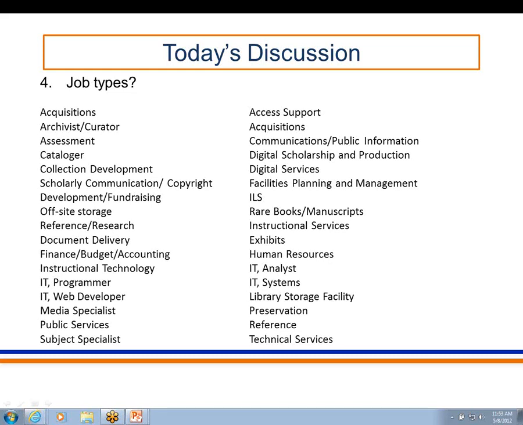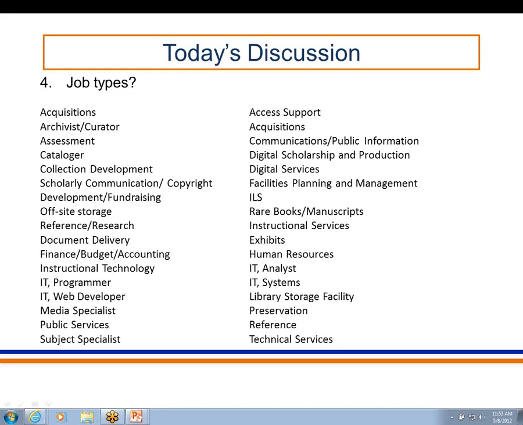But I think I could put them into subject specialists because that's mostly what they are, although there are liaisons who aren't. The other one that jumps to mind that is pretty specific but certainly a growing area in some of our libraries is GIS librarians.